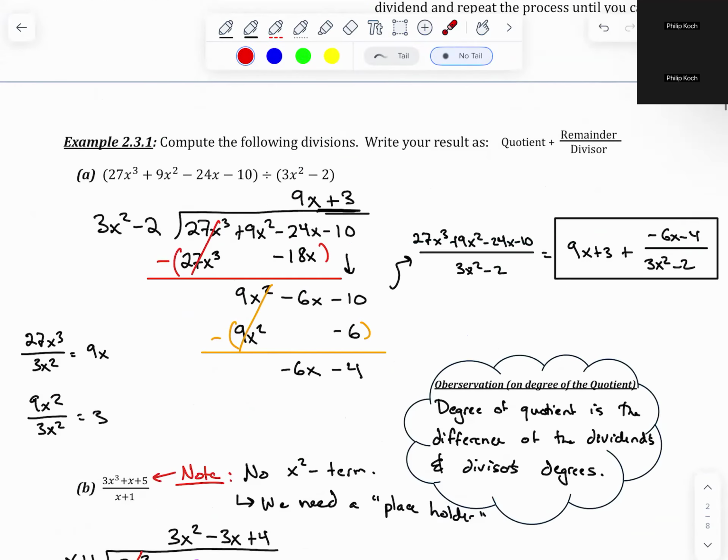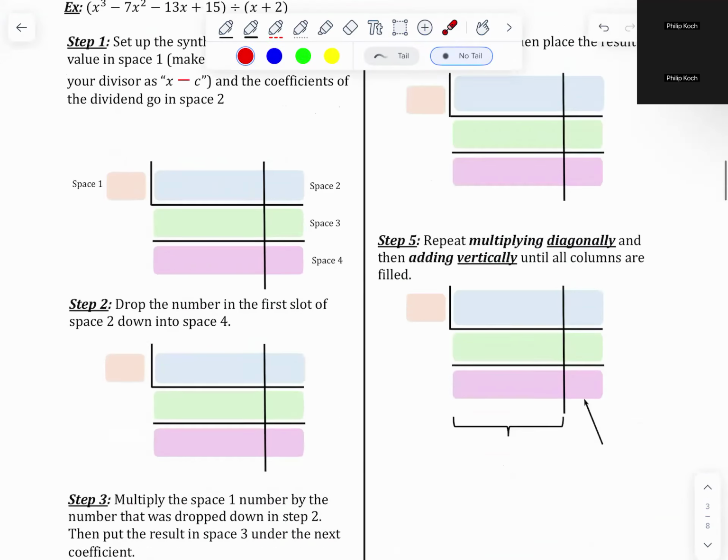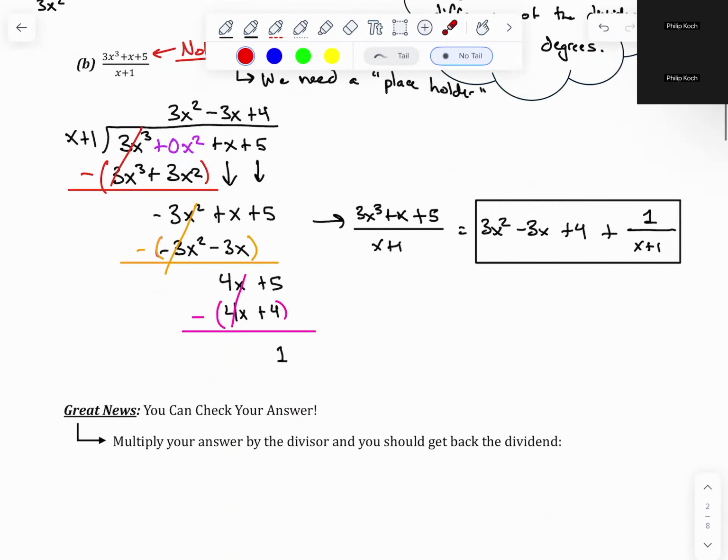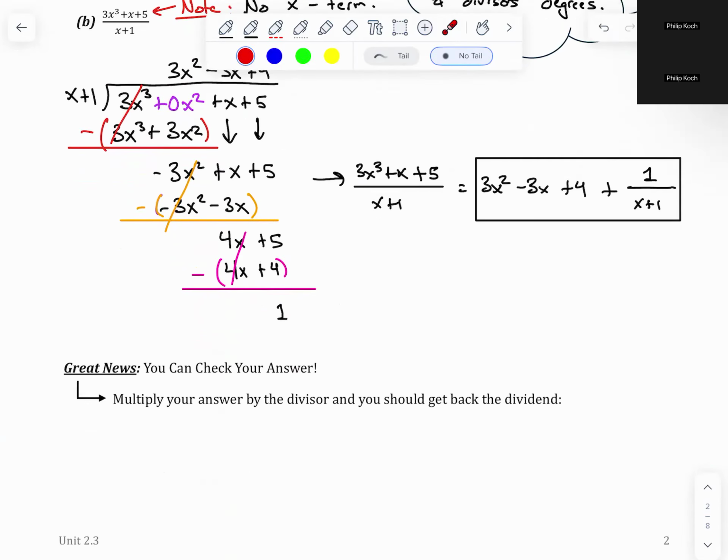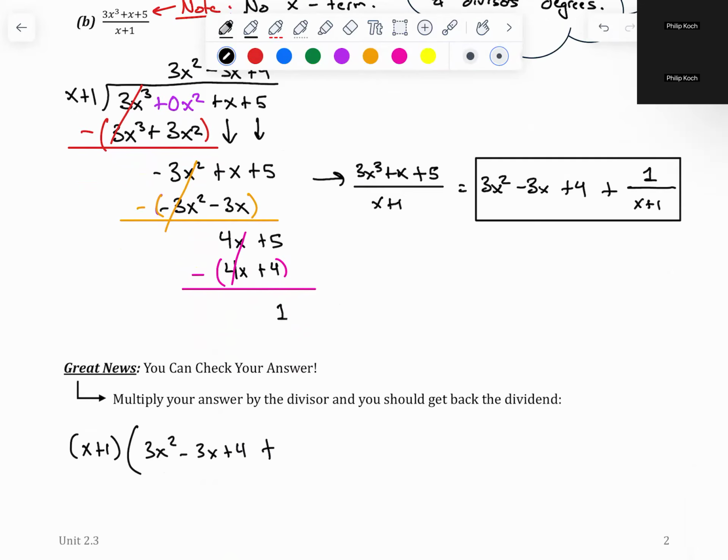So case in point, for this last one, I take x plus 1 and multiply my quotient plus my remainder divided by my divisor, so 3x squared minus 3x plus 4 plus 1 over x plus 1, and I distribute this in.